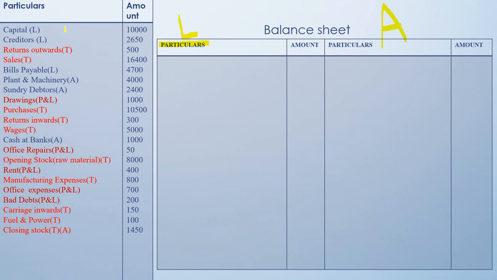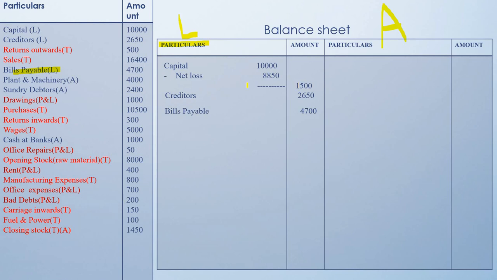So capital less net loss gives 1500. Next we have creditors, which are a liability. Next we have bills payable, also a liability. So these are the liability items.